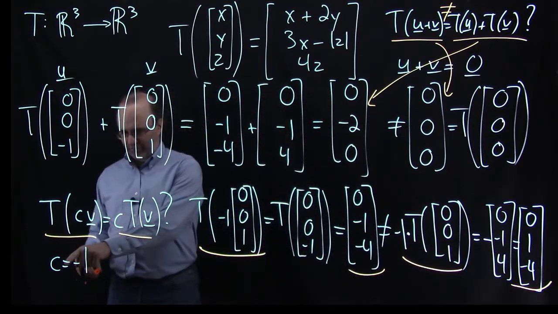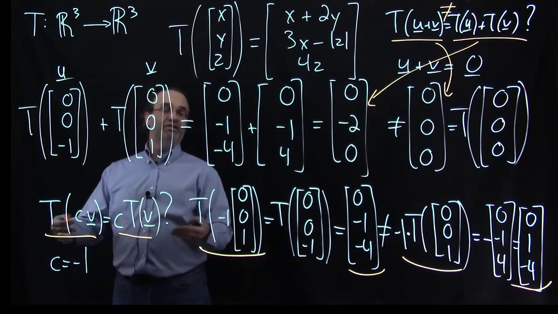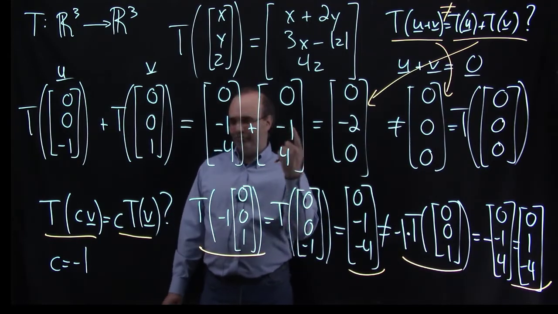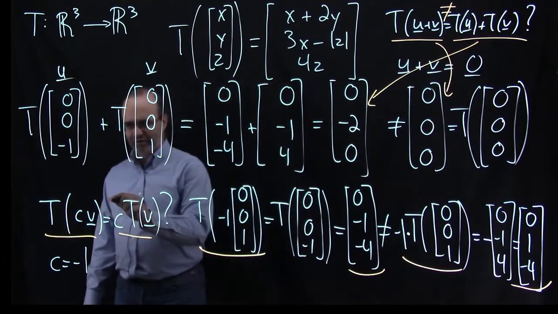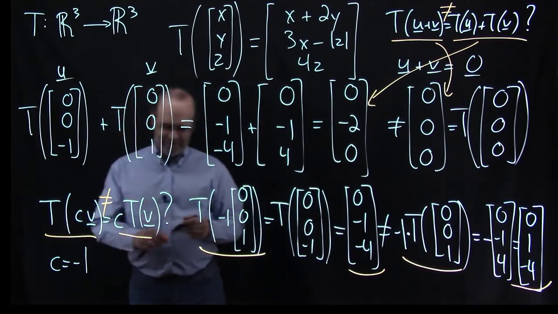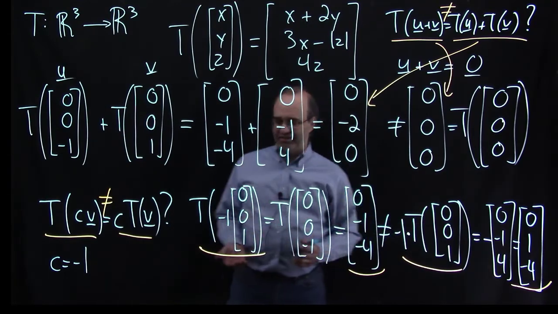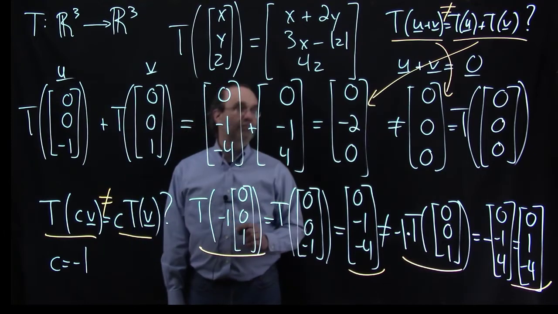When you take c to be -1 and v to be this vector, this is not always true. To show it's not always true, you only have to show it's not true for one specific scalar c and one specific vector v. So these are different, and the conclusion of all of this is that T is not linear. T is not a linear transformation.